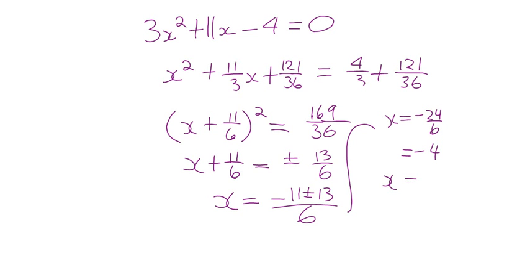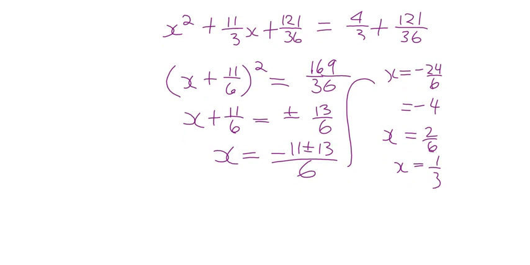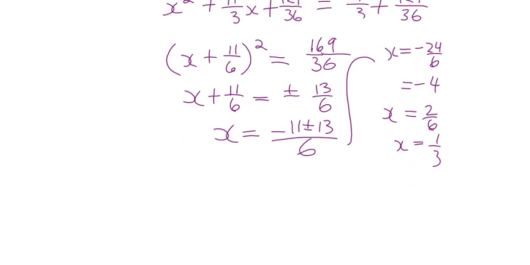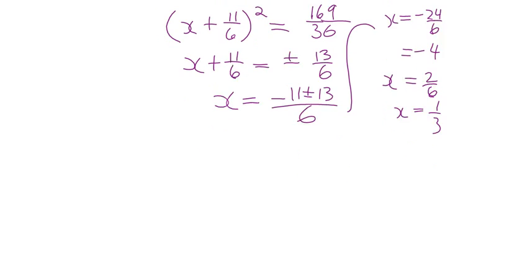And you could go x is equal to what? 2 over 6? 1/3. So if x equals 1/3 is the root, what's the factor? Can't you go from roots to factors? Yeah, you can.